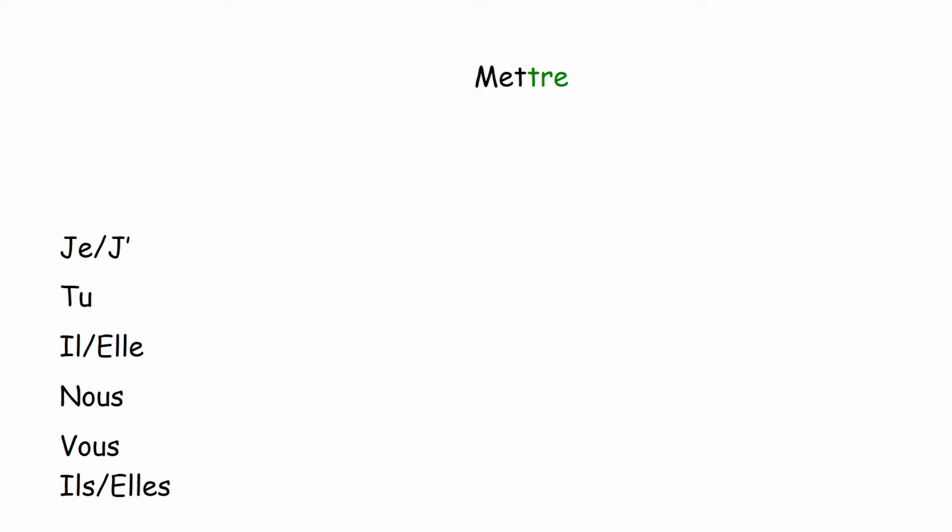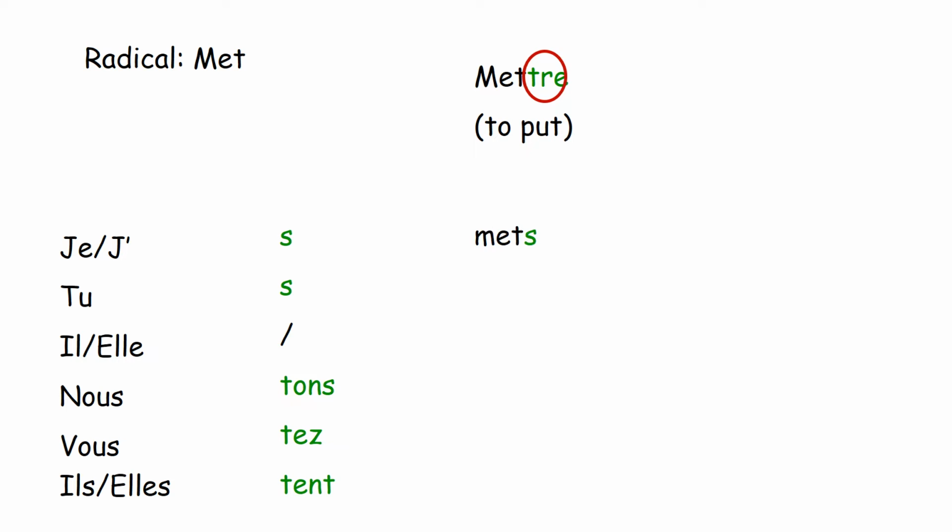We take the verb mettre, we remove TRE, and with the radical MET we add the endings according to the pronoun. Now, je mets, tu mets, il or elle met, nous mettons, be careful, it is double T, nous mettons, vous mettez, ils or elles mettent.